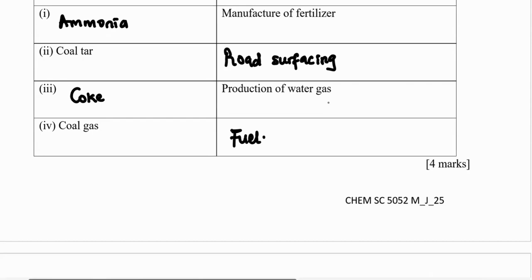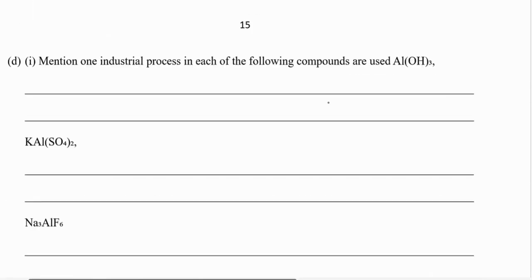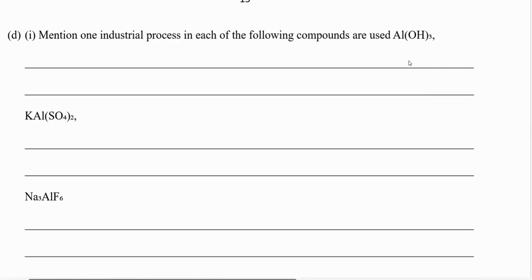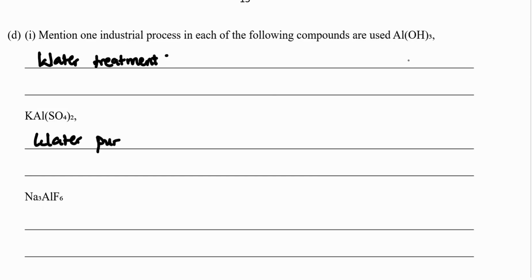Okay. Now mention one industrial process in each of the following compounds used. So we have aluminium hydroxide. Now the first one, the industrial process, it is useful in water treatment. Okay, and the next one, alum, it's used in water purification.